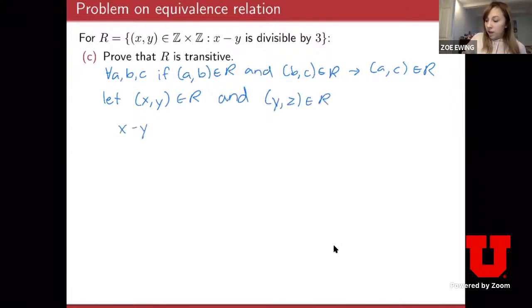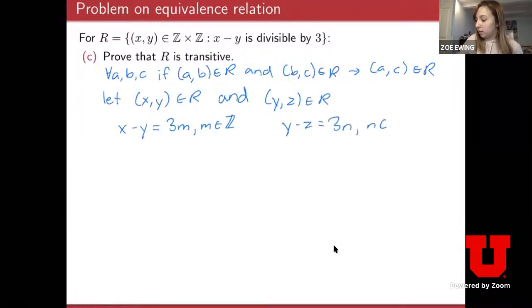So that means x minus y equals 3m, where m is in the set of integers, and y minus z is equal to 3n, where n is in the set of integers. Okay, anyone have a guess what we want to do next, remembering that we're trying to show that (x, z) is in the relation?